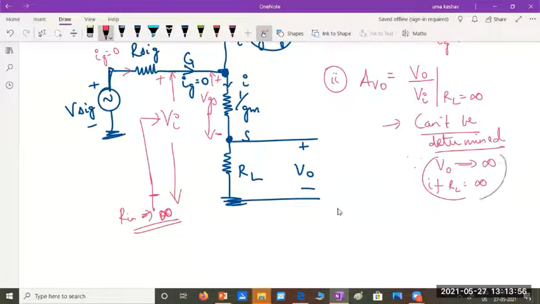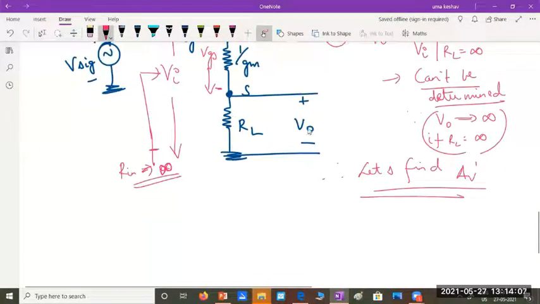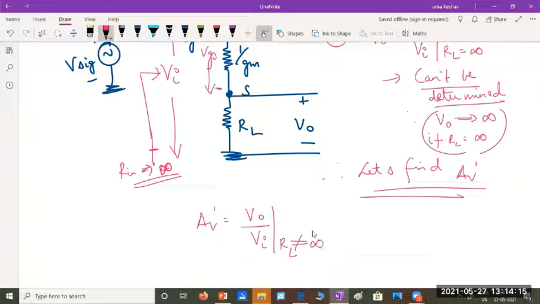Okay. Therefore, let's find AV dash directly here. Let us try to find AV dash because I need RL to find AV. What's the value of AV dash? V0 by Vi when RL is present in the circuit. Whenever there is RL present in the circuit, that we call AV dash.